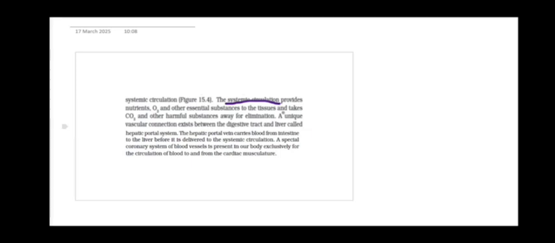Systemic circulation involves the heart, like the deoxygenated blood taken from the body and transferred to the lung, and then from there the oxygenated blood is transferred to the body and different tissues.